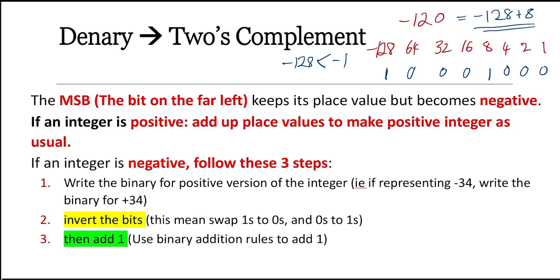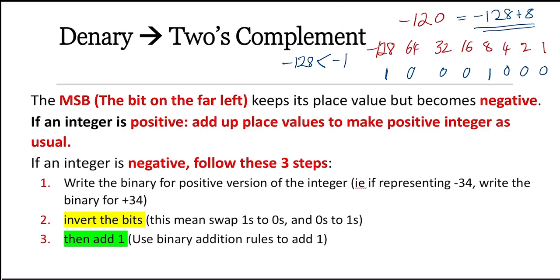Some numbers are easier to make than others, because negative 120 is obviously negative 128 add 8. But let's say you want to make negative 56. You have to think a little bit longer about what numbers you need to add to negative 128 to get to negative 56. But anyway, that's that method.